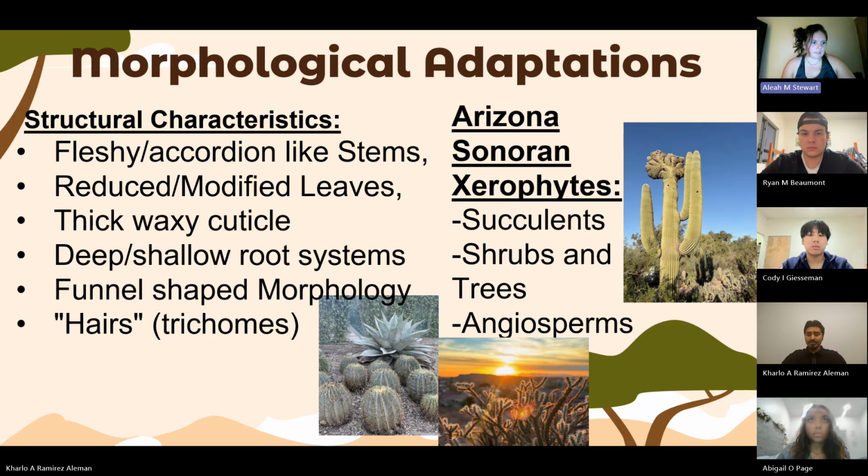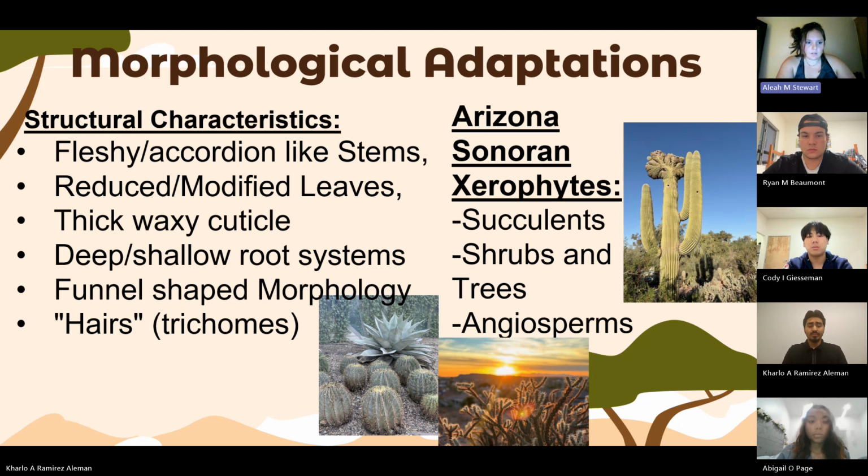What's interesting to note is that the saguaro cactus can draw up so much water that it can weigh between 3,200 and 4,800 pounds of water, which is amazing. Some other traits include reduced modified leaves, which typically means smaller leaves, and a thick waxy cuticle, which is seen below in the aloe plant. You'll notice there, that allows water to remain in the plant and be trapped by the waxy coating.